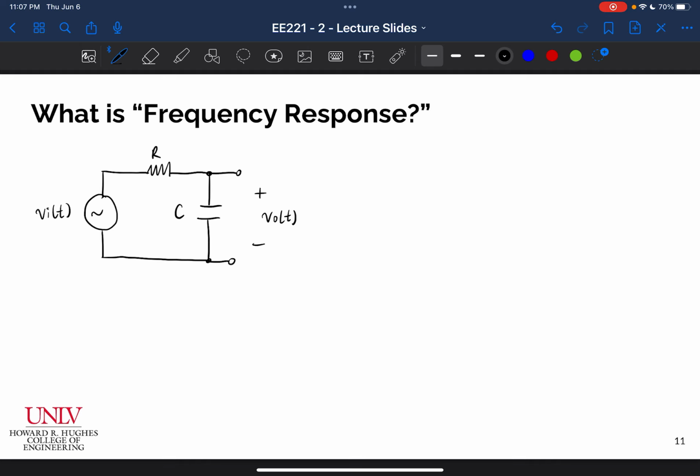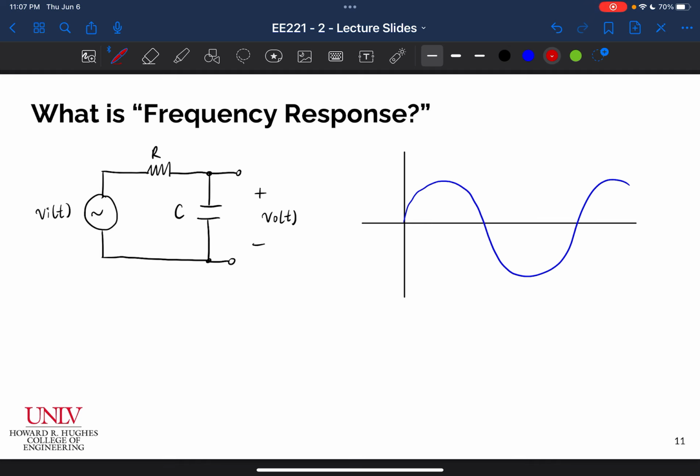Let me draw myself a little plot here. So let's say I had some kind of an input voltage, V in of t, that looked something like this. Something that looks just like that. And then, of course, based on the frequency that I'm operating at, this is my 1 over t.